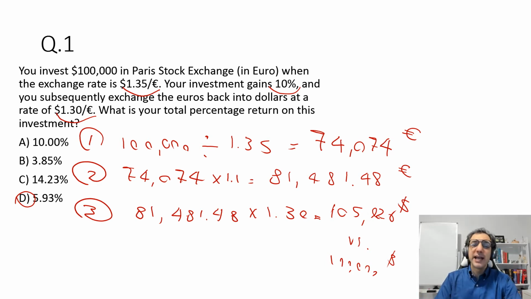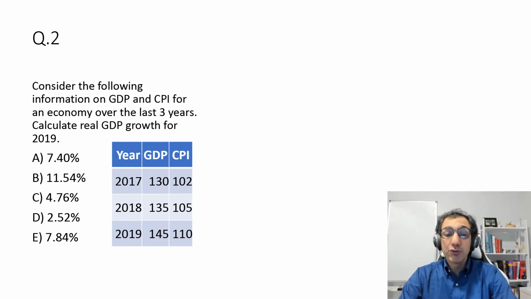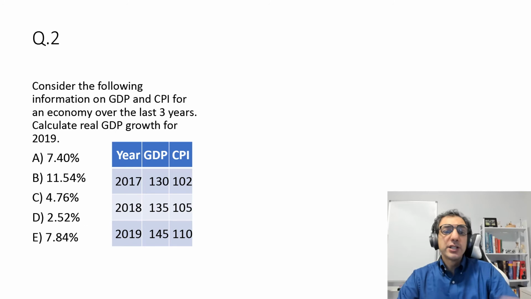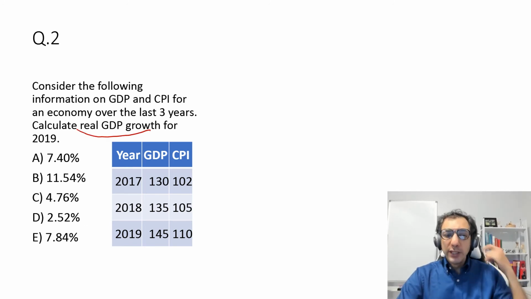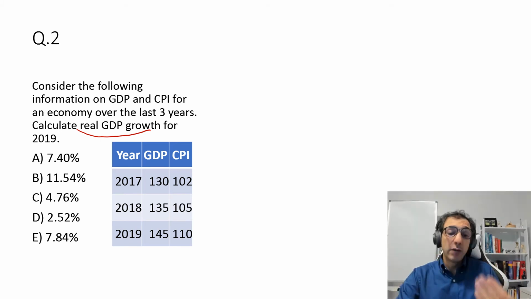Now let's look at the next question. So we have the information from the GDP, gross domestic product, and the CPI for a specific economy over the last 3 years. The question here is, what is the real GDP growth for 2019? Remember, we're talking about the real GDP, so you have to take out the impact of inflation.